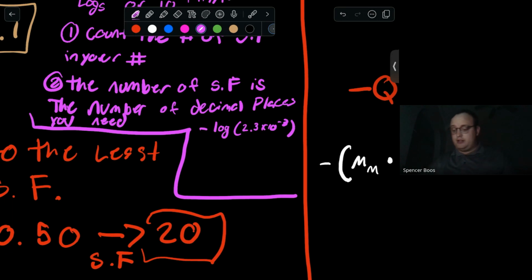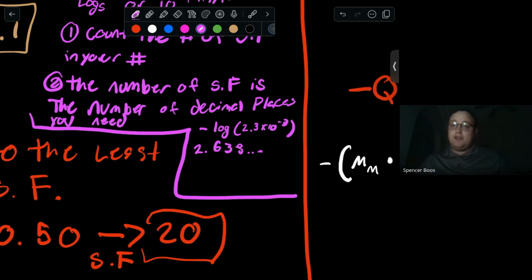I don't have a calculator next to me, so I'm just going to use my phone to calculate. So we have the negative log of 2.3 times 10 raised to the negative third, and we get 2.638 dot dot dot.